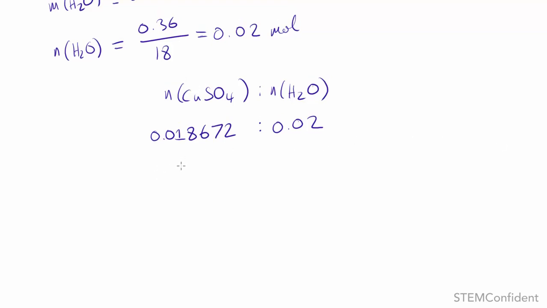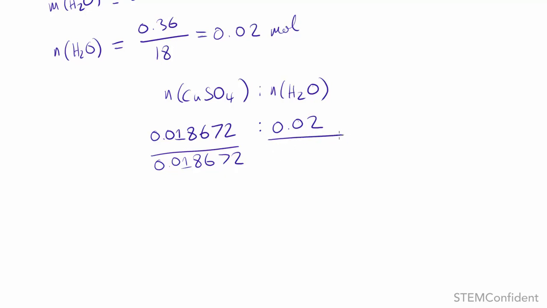Well, one of the ways we can do it on the left hand side is simply dividing the value of moles by itself, so divided by 0.018672. Because we've done that to the left hand side, we also do need to do that to the right hand side as well.